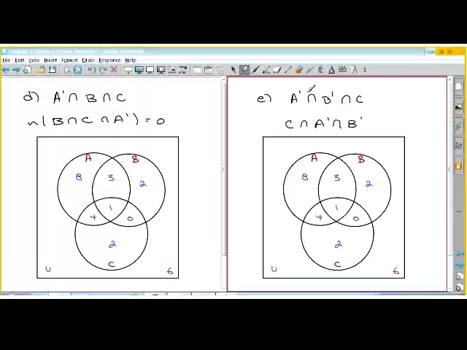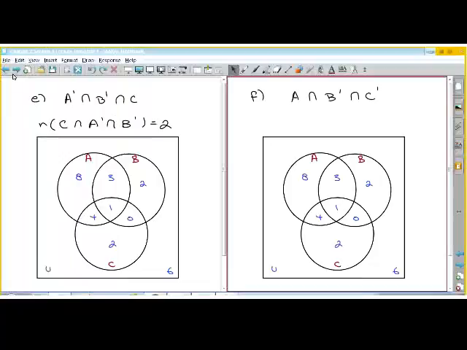So the answer is 2. So the three outside pieces are one of the sets minus the other two sets. So if I took the cardinal number of that, I would end up with 2.